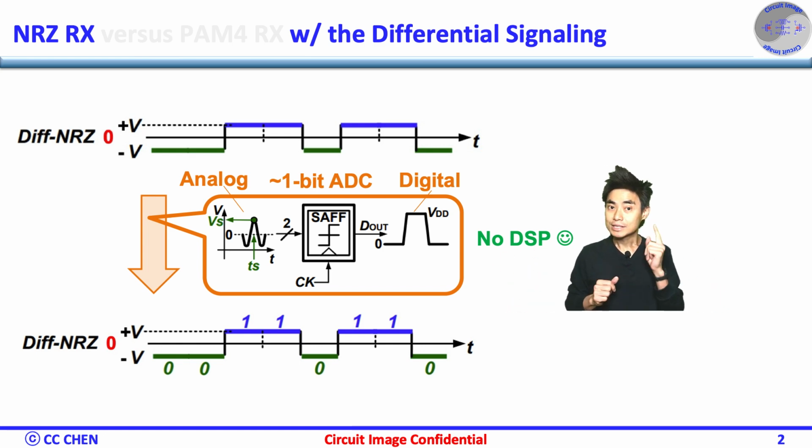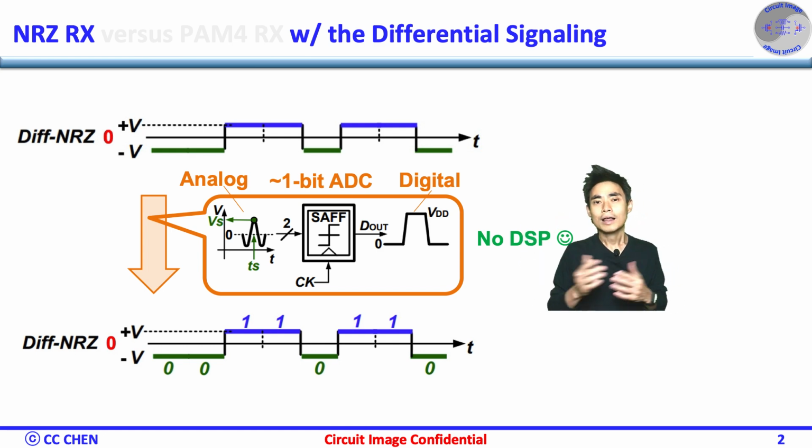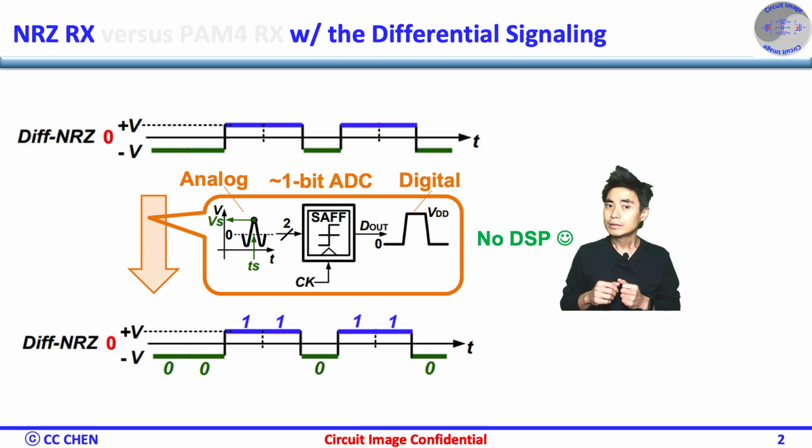Let's start with a simple NRZ RX we are familiar with. As you can see, the input differential data stream of the NRZ RX may have two levels relative to the voltage reference equal to 0 volt or ground level. Therefore, we can convert the RX input levels greater than 0 or less than 0 to a digital bitstream by a single comparator.